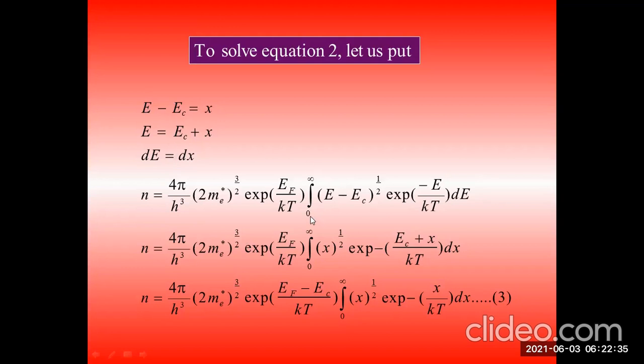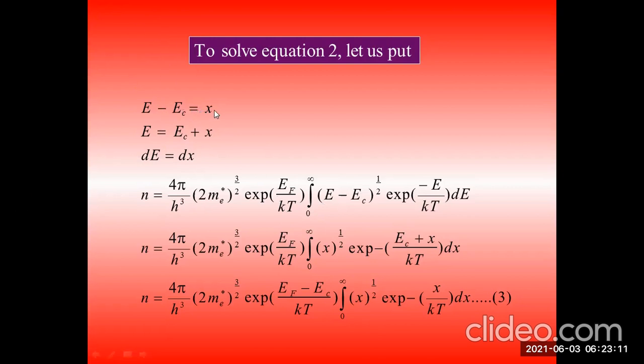The lower limit was EC, so instead of E I write EC. EC minus EC is equal to X, so X is equal to 0. Clear, everybody? Now again I need to substitute the energy of the upper limit.